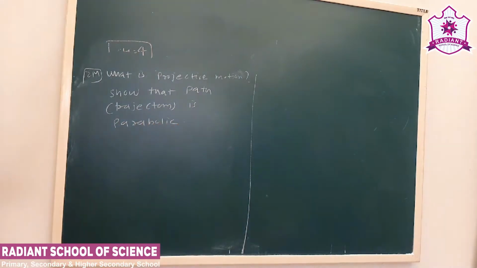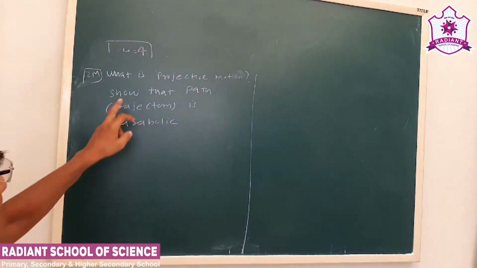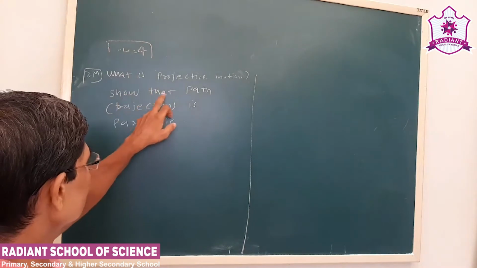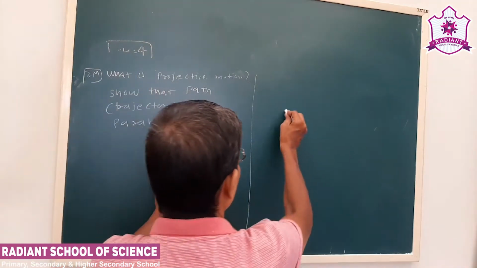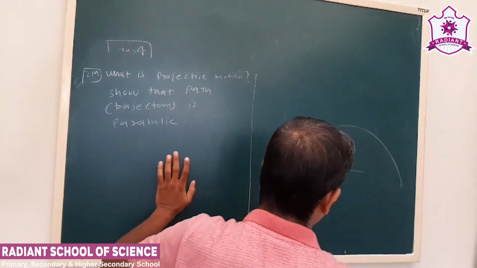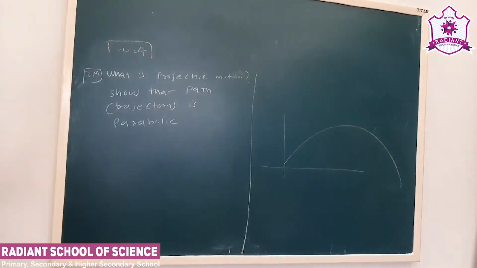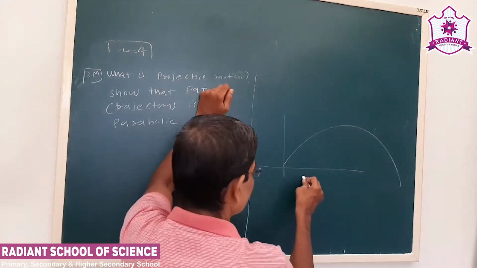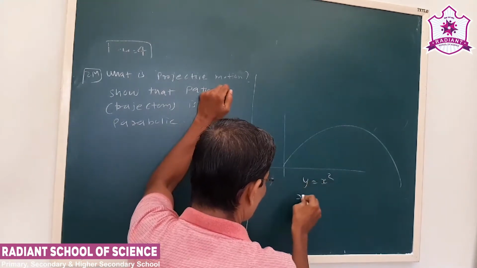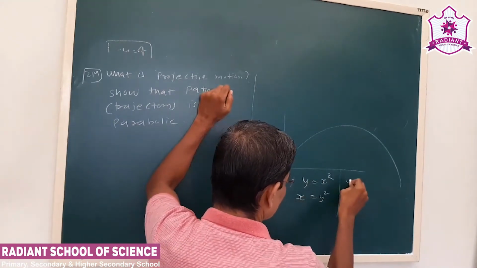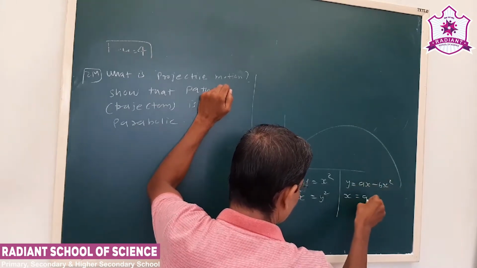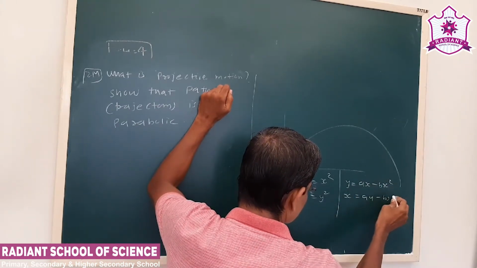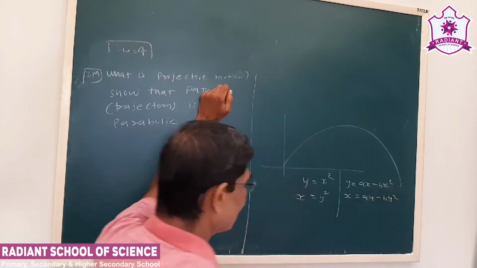In the exam the question is asked like this: What is projectile motion? Show that the path or trajectory is parabolic. The path, as I showed just now, will be like this. You studied in mathematics the relations y is equal to x square, or x is equal to y square, y is equal to ax minus bx square, or x is equal to ay square.